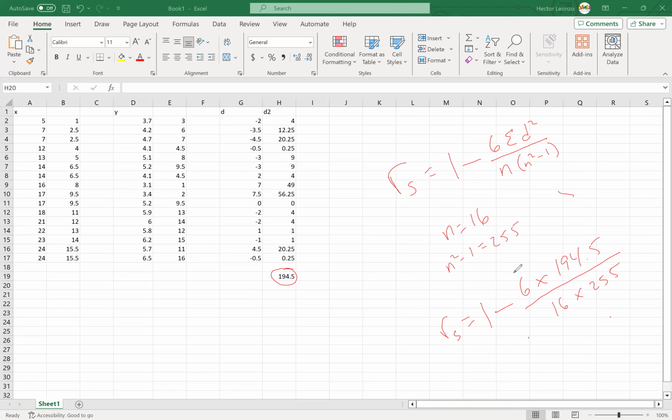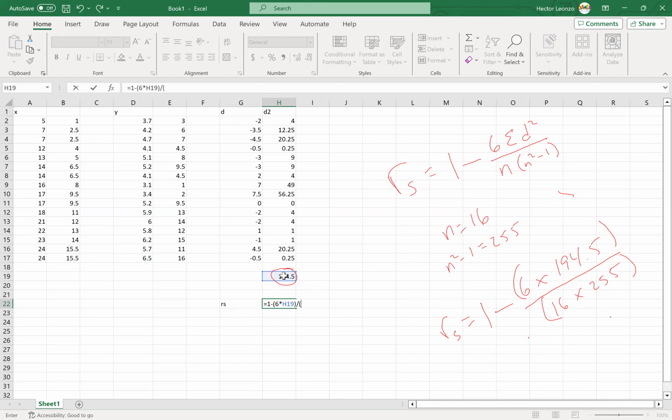I'm going to do all this using Excel. So I'm going to do parentheses top and bottom so it doesn't get confused. So let's see. My RS is going to be 1 minus parentheses 6 times this number, close parentheses, divided by, open parentheses, 16 times 255.